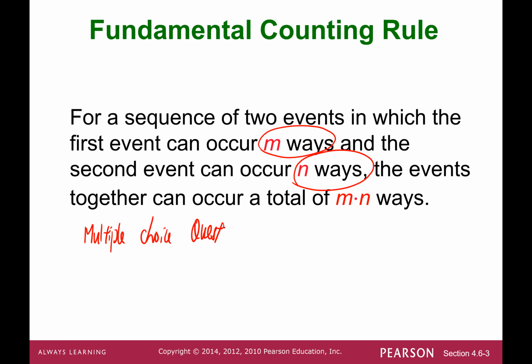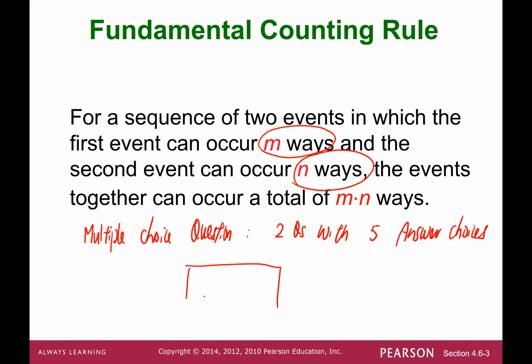Let's say we have two questions with 5 answer choices each. We could apply the fundamental counting rule, assuming those two questions are not related to each other. I mean, they are independent.